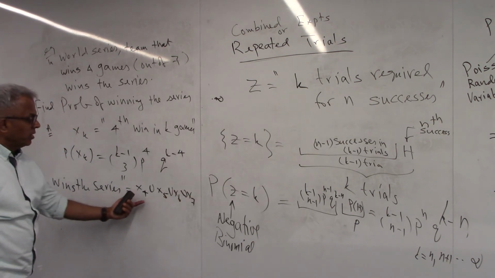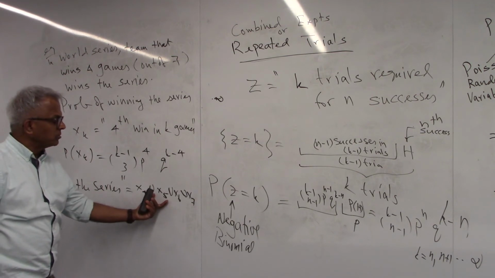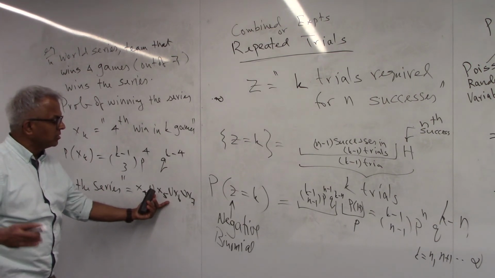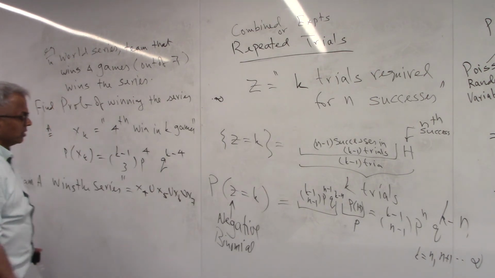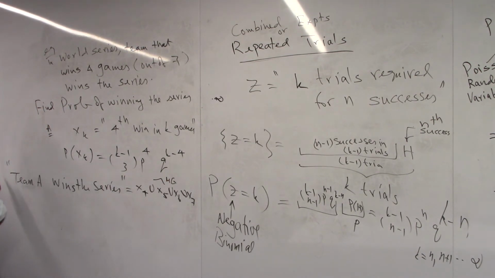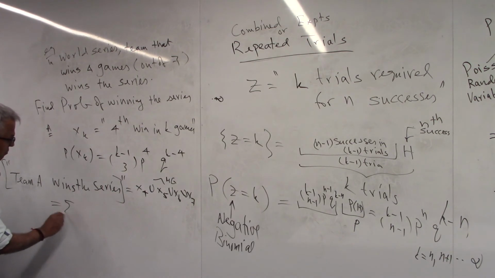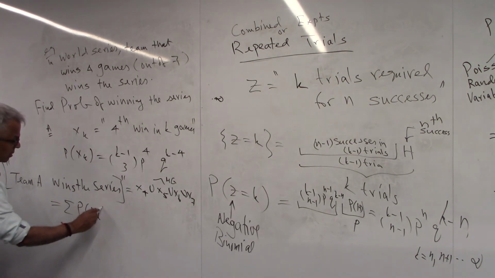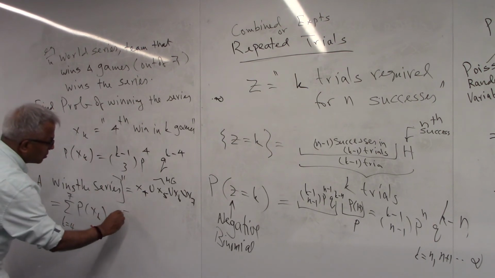It could win by winning the first 4 games, or win 4 games in a series of 5 games, or 6 games or 7 games. But these are mutually exclusive. So the probability of a team winning the series is the sum of the probability of Xk, k equal to 4 through 7. Then you substitute this and you get the answer.